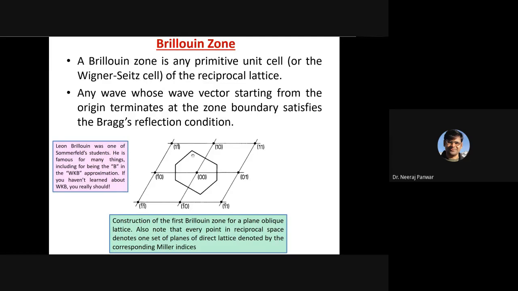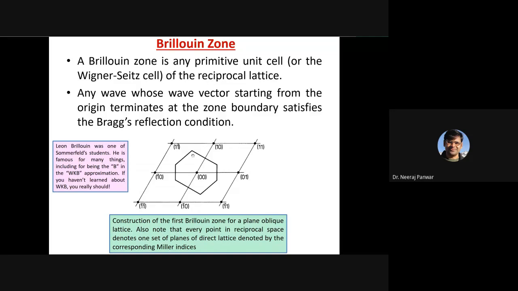Every point of this reciprocal lattice is characteristic of a set of planes. The direction of this point from the origin indicates the orientation of the planes, and the distance of the point from the origin is proportional to the inverse of the interplanar spacing.